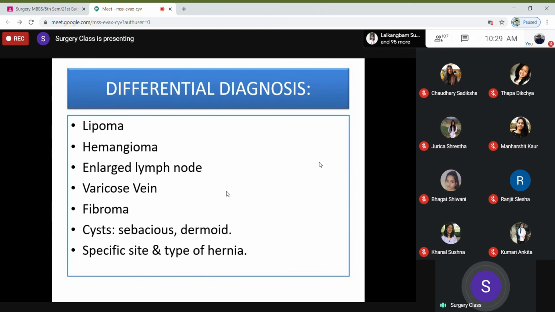Depending on the specific area, there might be local causes: in the inguinal region, undescended testis, retractile testis, or ectopic kidney; in the epigastrium, peptic ulcer; in the umbilical hernia, urachal cyst or congenital mesenteric cyst. So you have to differentiate depending on the area where the hernia is situated.